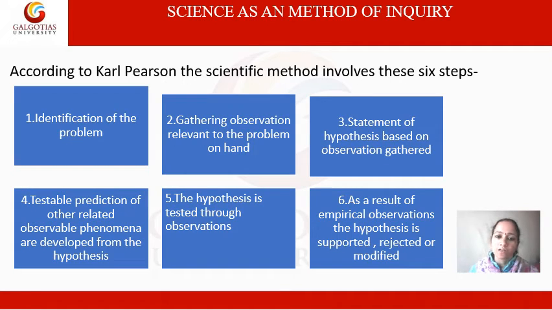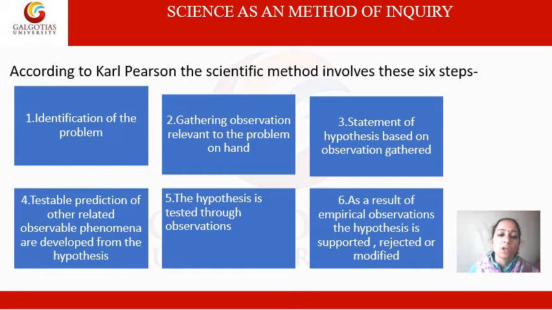Second is science as a method of inquiry. Time to time, different philosophers have tried to define the method of science. But the more specific and more elaborated definition was given by Karl Pearson. According to him, the scientific method involves these six steps. Number one, the identification of the problem.